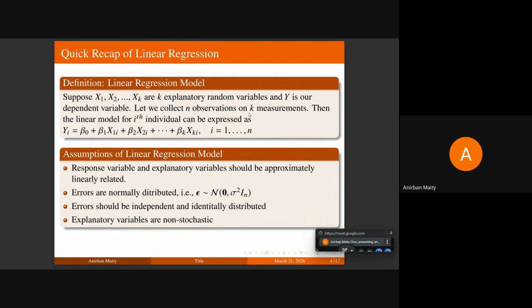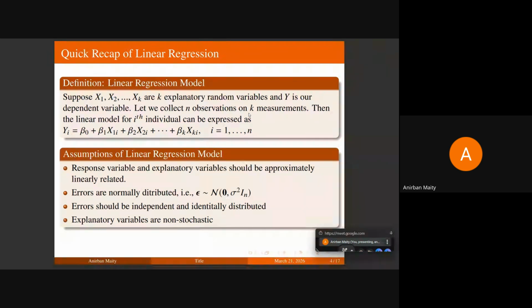That means if the error is normally distributed, then your dependent variable should also be normally distributed. Only if your response variable is normally distributed can you build the linear regression model. Another assumption is that errors should be independently and identically distributed. That means your model errors should not be autocorrelated.